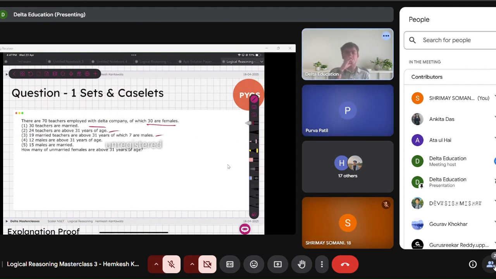Let me know what was your procedure. You read the statements, then what steps did you do? Did you make a Venn diagram, or a table? What was your way of solving the question? How did you represent the data which is given in the question in your book?